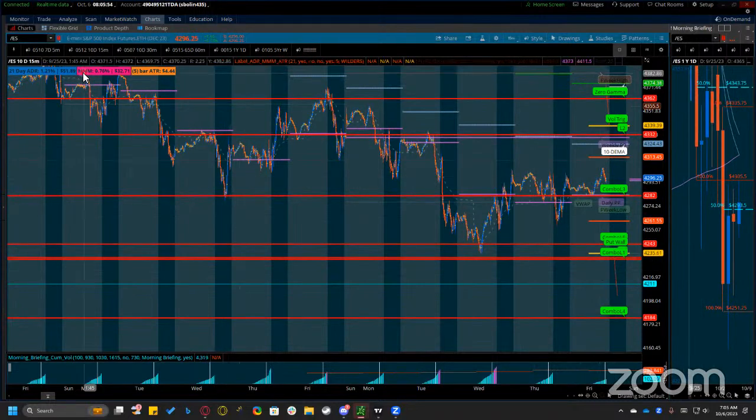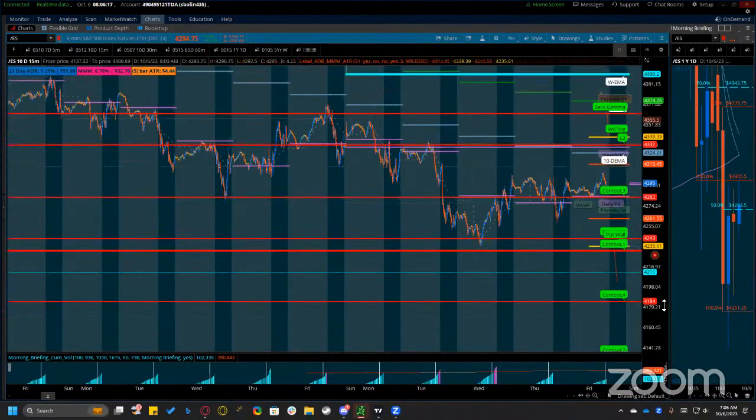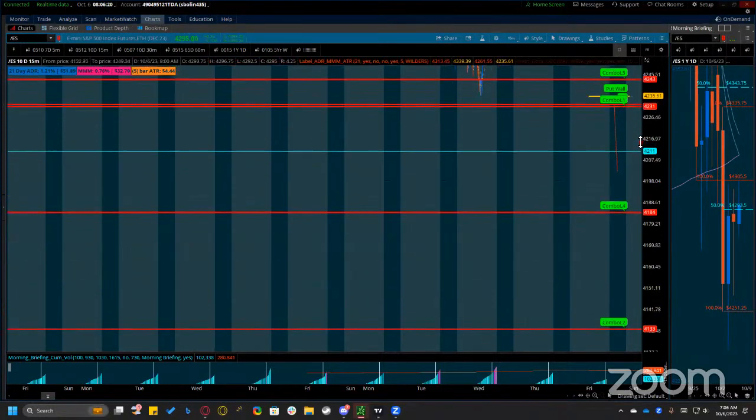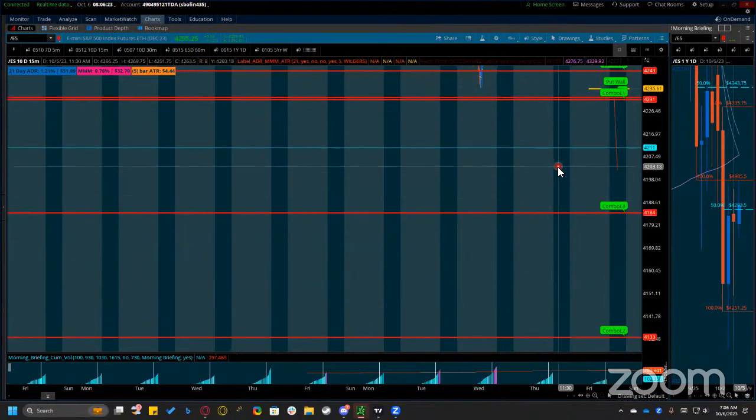So we would add another $80 to the move, going from 43.70 to 44.50. So in an outlier move, we could go to 44.50, and it would only be considered mildly outlier. To the downside, we could go down to 4,200 today, and that would not be considered an outsized move.